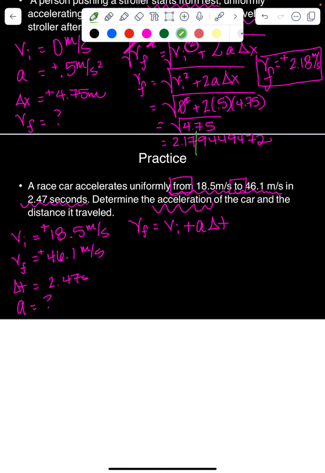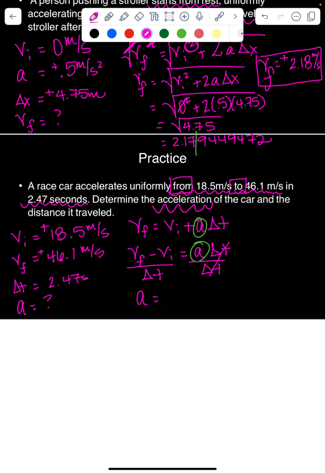Now we are trying to solve for acceleration, so we need to rearrange this equation. The first thing that we're going to get rid of is that v initial. It's being added, so we have to subtract it. So we have v final minus v initial is equal to acceleration times delta t. Again, still trying to get acceleration by itself, so we need to divide both sides by delta t.